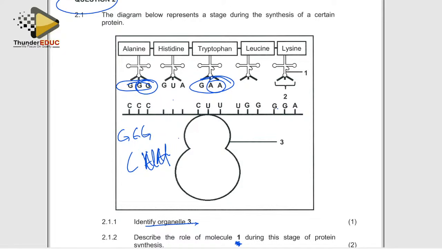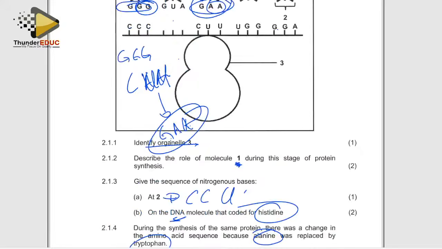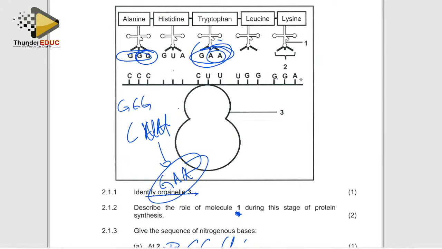And then the transfer RNA came to be GAA. And then instead of bringing the alanine, it has to look for what codes for GAA. GAA is tryptophan, so it's tryptophan which was brought instead of alanine. So in this case, the problem came during transcription, the two bases CC were replaced with UU, and then the code became CUU. You understand?